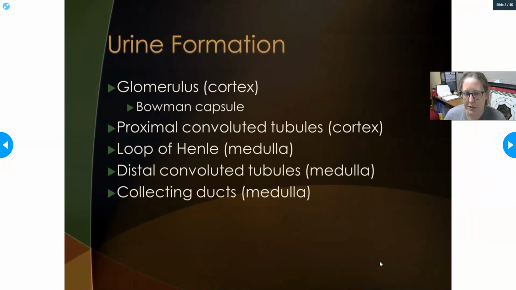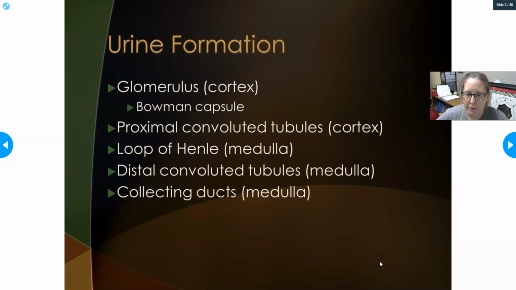So urine formation starts at the glomerulus, which is in the cortex of the kidney. It is right by Bowman's capsule, and the glomerulus is a ball of capillaries. As the blood is being filtered there, the filtrate that's being made is captured by Bowman's capsule and sent down to the proximal convoluted tubules, which are also located in the cortex of the kidney, then down the loop of Henle, down and then back up.